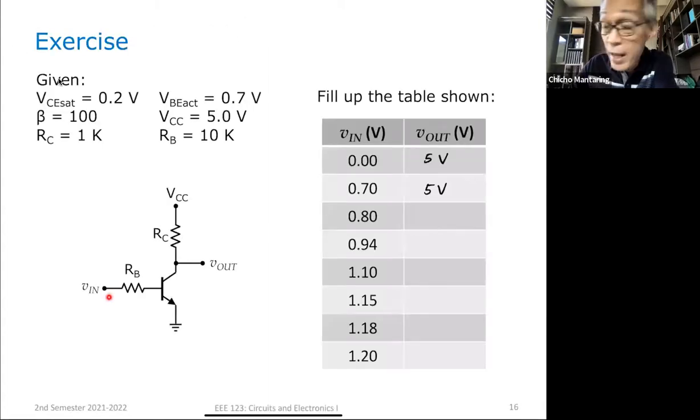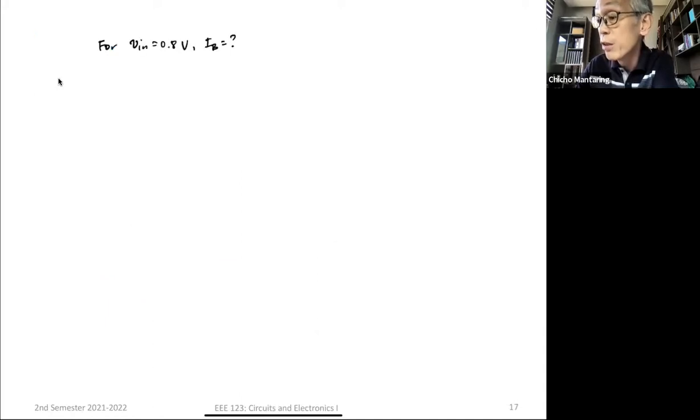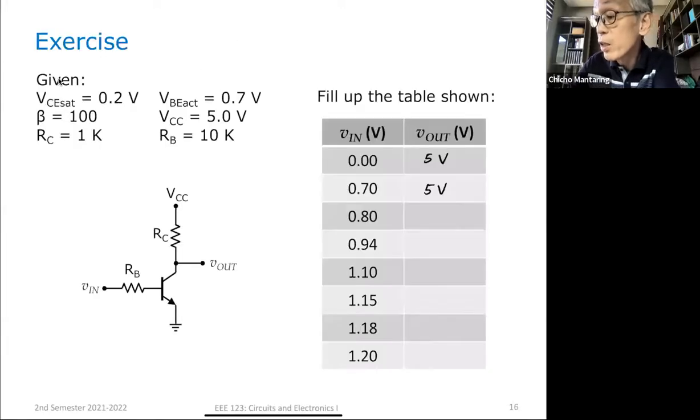We will apply KVL to the base emitter loop. So what is the KVL here? Vin minus IBRB minus VBE is equal to 0. Now this is silicon, so VBE is 0.7.